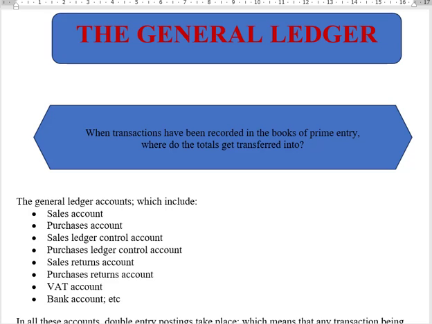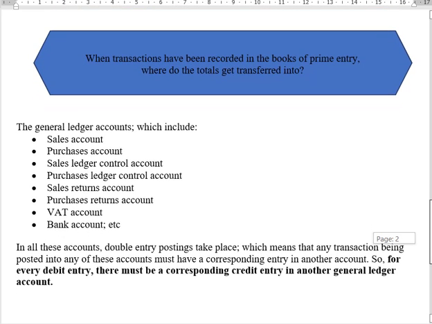The general ledger includes the sales accounts, the purchases accounts, the sales ledger control account, the purchase ledger control account, the sales returns account, the purchases returns account, the VAT account, the bank account.